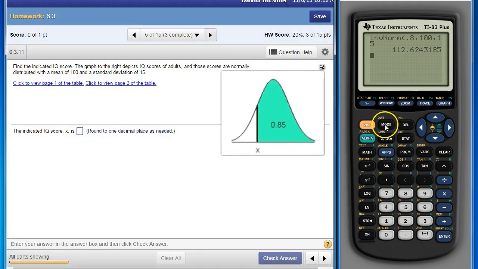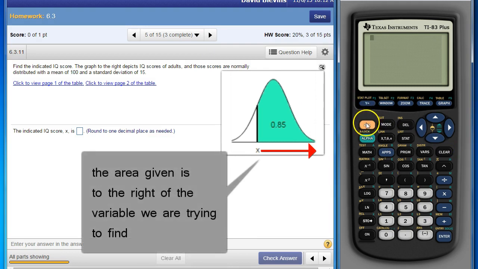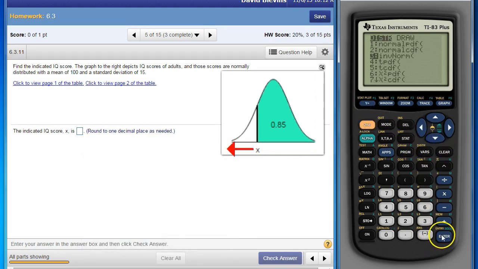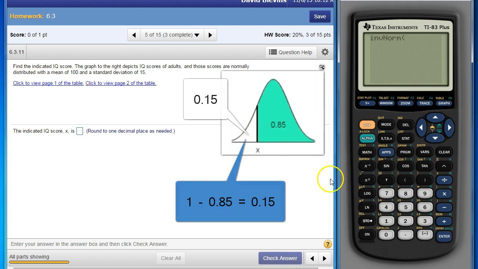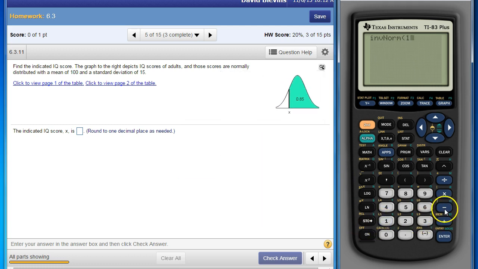Let's do one to the right. So if it's to the right, the only thing you have to remember is inverse normal takes in area to the left. This is area to the right. Well, the whole thing is equal to 1. So you can do one of two things. You can subtract it beforehand and get 0.15 for the area to the left, or you can literally do it on your calculator if you don't want to bother with doing it in your head, or if you just want a little shortcut formula.